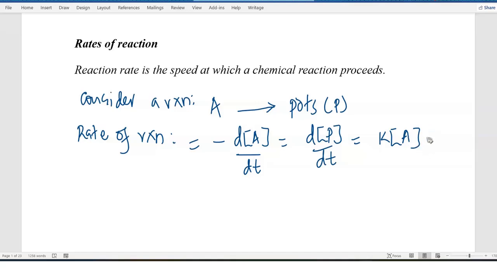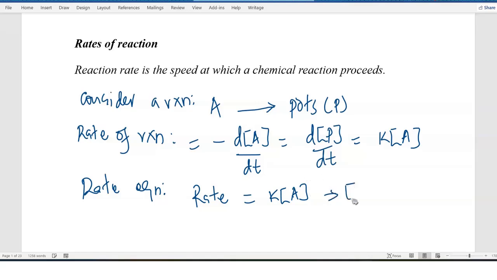Once we are talking about the rate equation, rate is equal to k times the concentration of A. This is representing the concentration of A in moles per decimeter cubed or per liter.